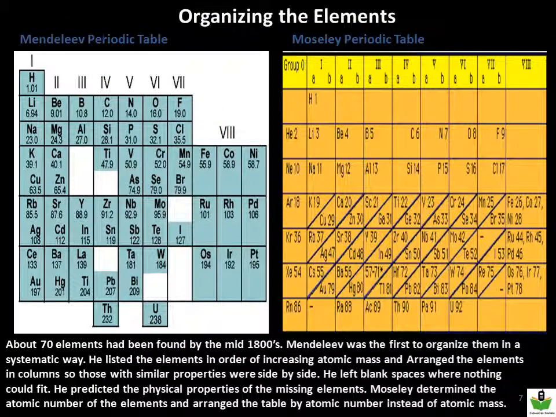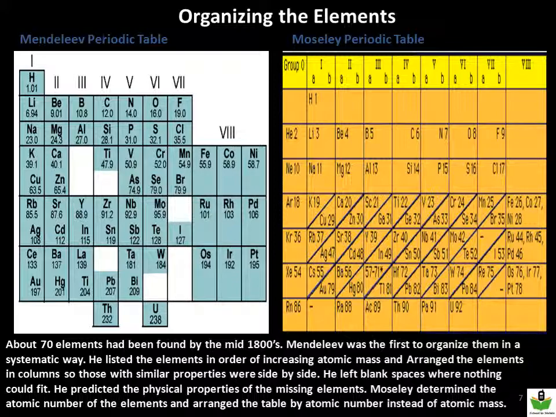Hi, this is Kate. Now we are going to learn about the second section called Organizing the Elements and Periodic Table. About 70 elements had been found by the mid-1800s. Mendeleev was the first to organize them in a systematic way.